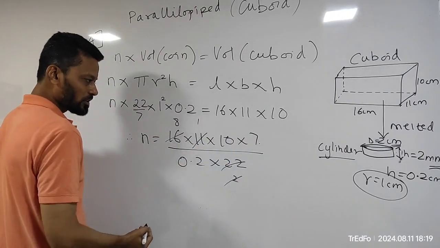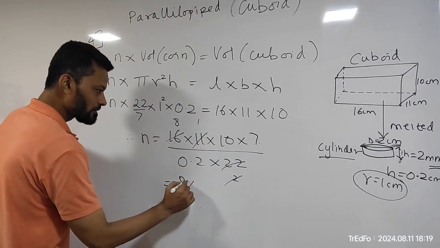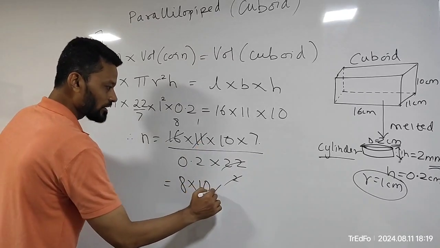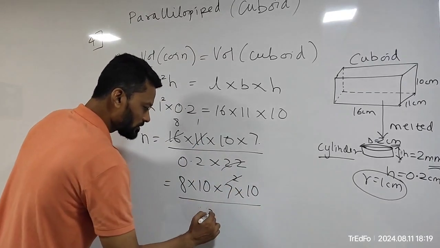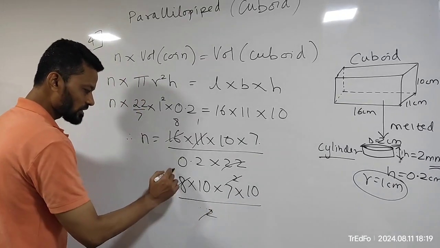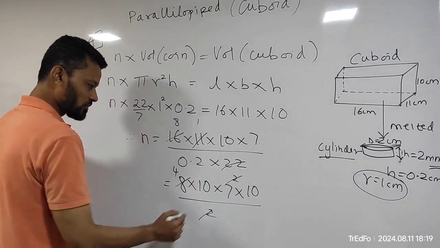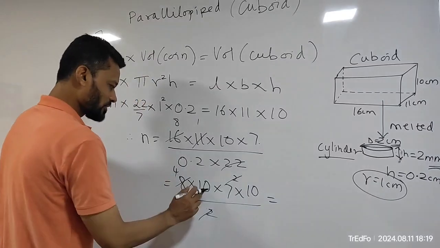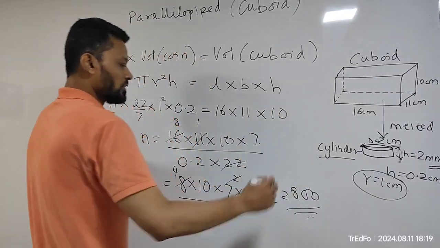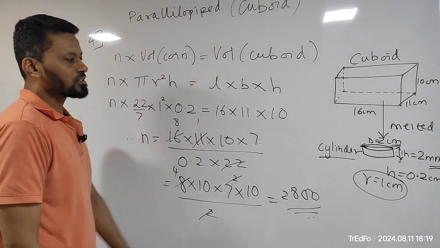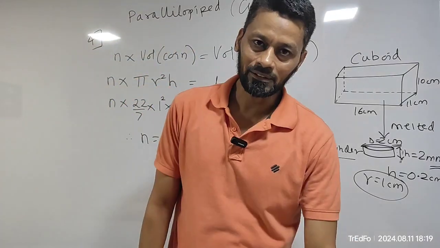We remove the decimal from here, so it will be 8 into 10 into 7. Decimal goes up to 10 upon 2. 2 ones are 2, 2 fours are 8, 7 fours are 28. 28 into 100. 2800 such smaller coins can be made.